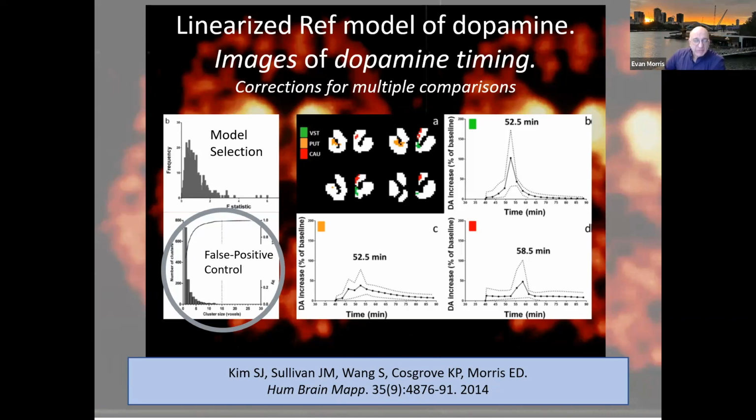And in this case, what we're showing in Sujin's paper is that even after these two criteria that reject possible false positives, we were able to find clusters of distinct location and distinct timing.